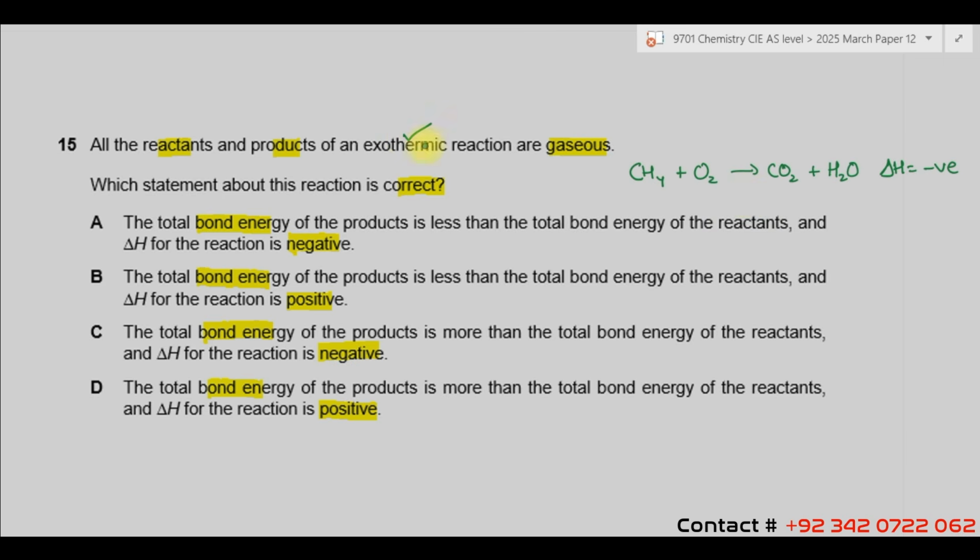So if the reaction is exothermic, enthalpy change is always going to be negative, not positive. Second thing is the bond energy of products or reactants. Let's see which one is more, which one is less. For reactants, we always look at bond breaking. For products, we always look at bond formation.